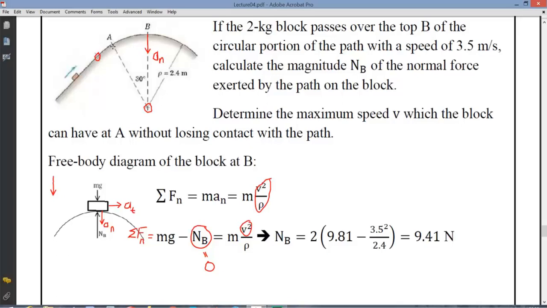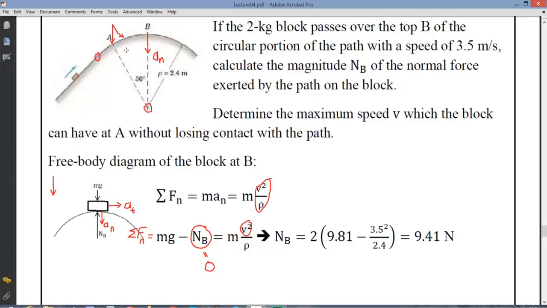The only difference in point A is that we will need to calculate a certain component of mg, because mg, the gravitational force, is in the downward direction, and at point A, in the normal direction, we'll only be able to use a component of it, and this is its component.